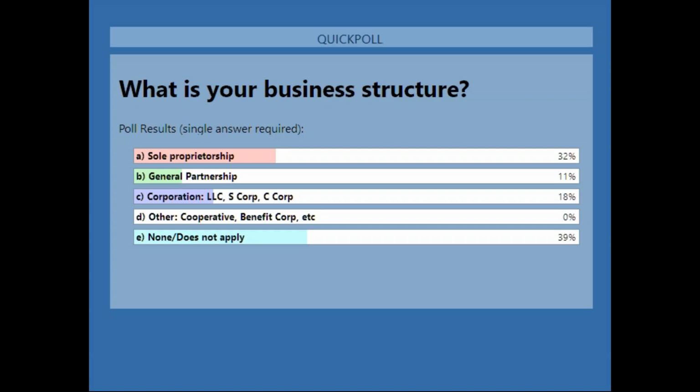And it looks like for several folks, it's close to 40%, it doesn't apply. So maybe you're not in business or not in business yet. So we'll talk about these legal structures briefly and talk about an approach to thinking about business structures and how to limit personal liability in this next section.